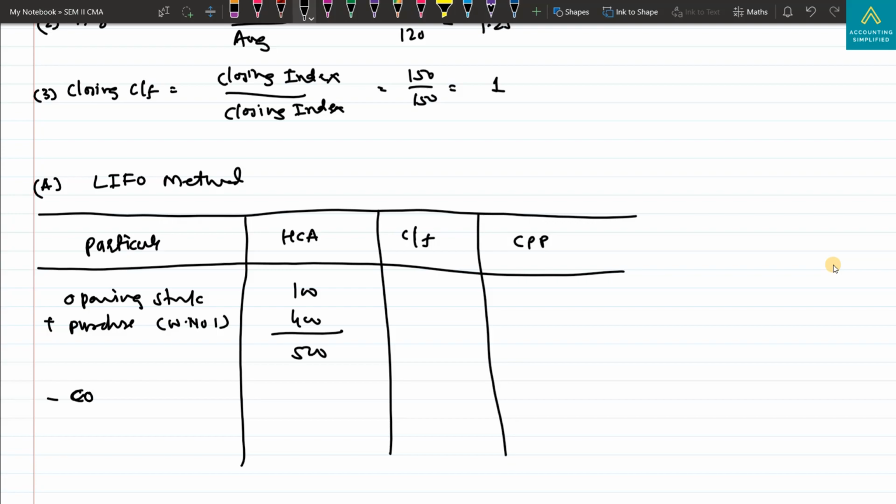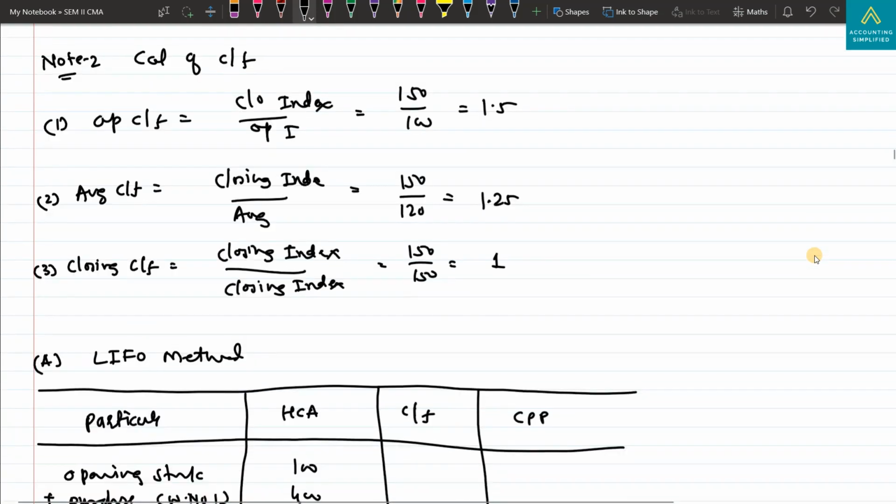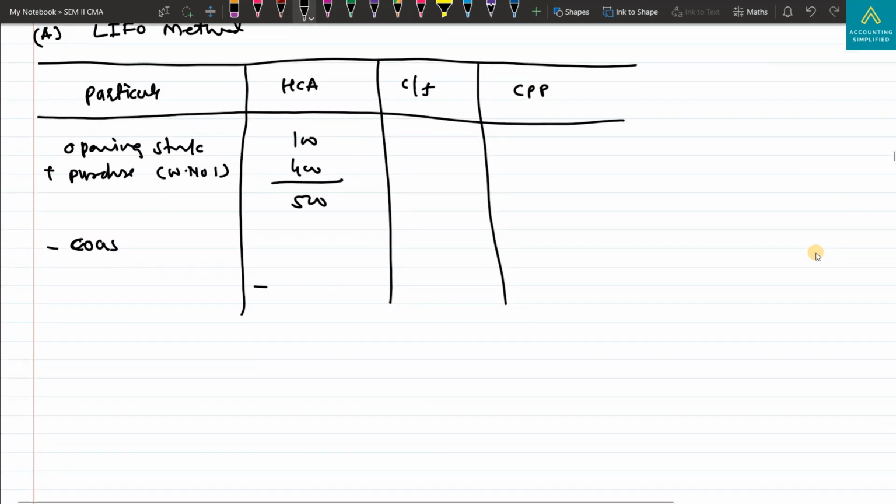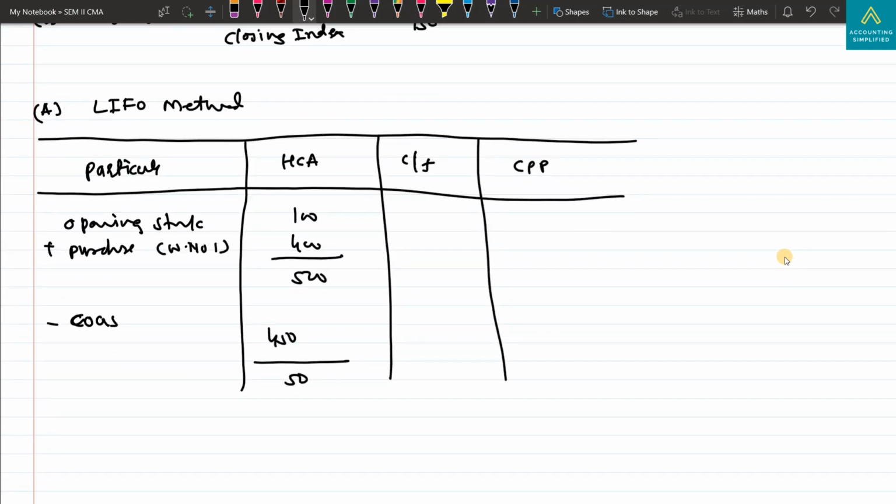COGS. So what was given here? The closing stock was given 50. If closing stock is 50, naturally this must be 450, right? 450. Now this is last in first out method. It means LIFO method. In LIFO method, whatever 400 is earlier, so out of this 400 is from purchase and 50 from opening stock, right? Now we can write it down.